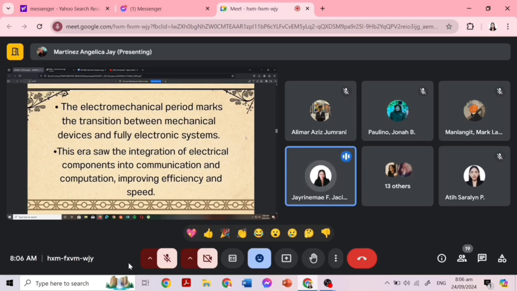During this era, electrical components were integrated into communication and computation systems, significantly enhancing efficiency and speed. Innovations like the telegraph and early mechanical computers automated processes that were previously manual, laying the groundwork for modern technology. Next po.